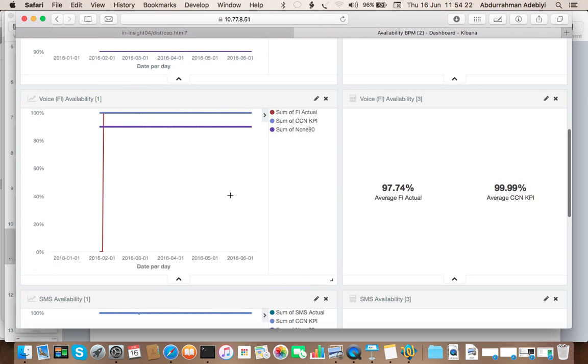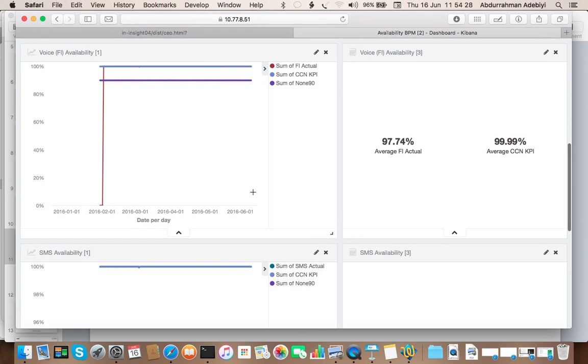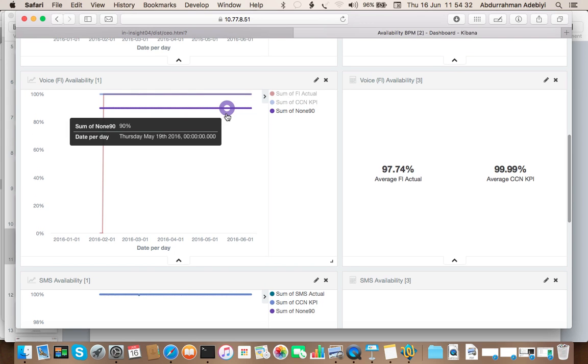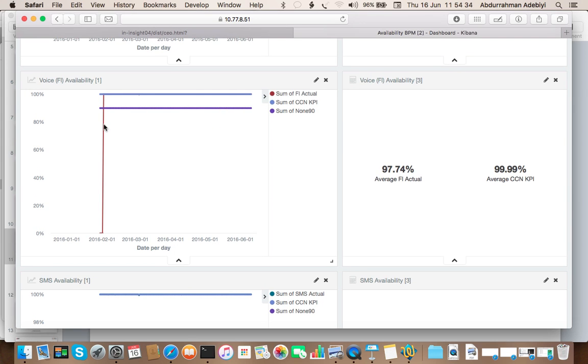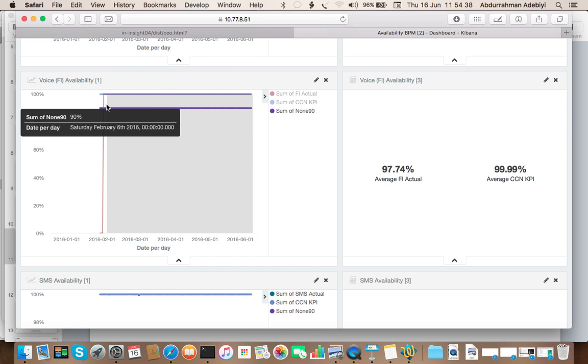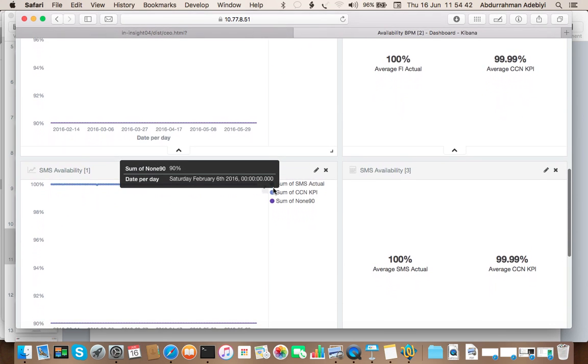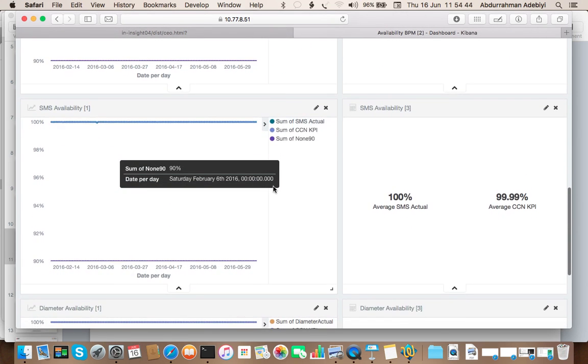We can see even for the availability as well, in February, there was a really major downtime here, but in recent times, it's really been good. People are making calls on the first attempts. Pretty good.